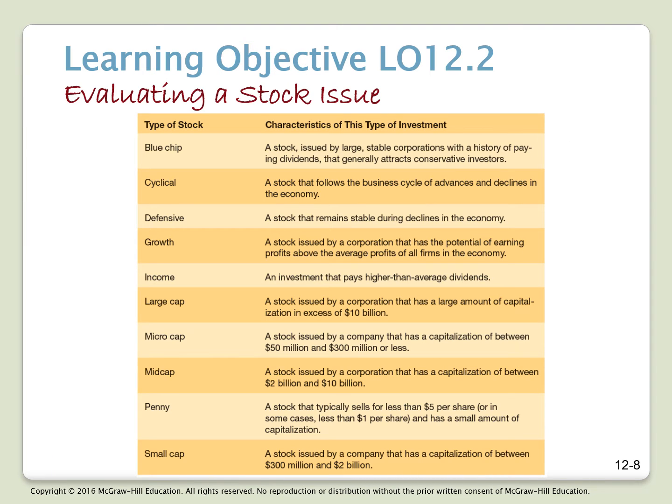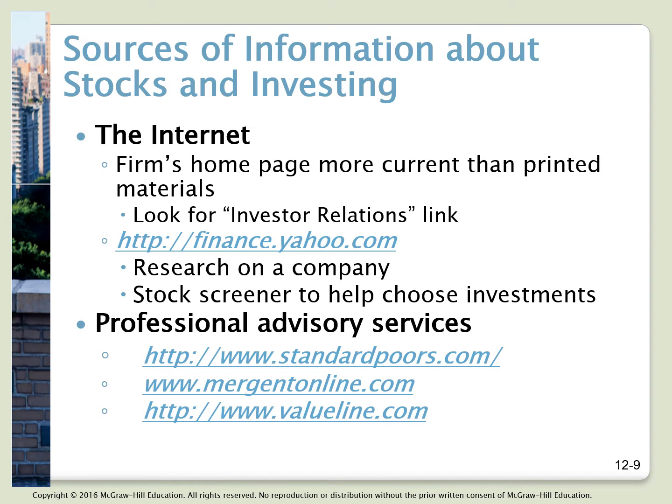Evaluating a stock issue. This is a new stock coming up or a new issue of the current company stock, and you can walk through the different types of investments that would be involved in that. The internet firm's homepage, again, you can get as much information.